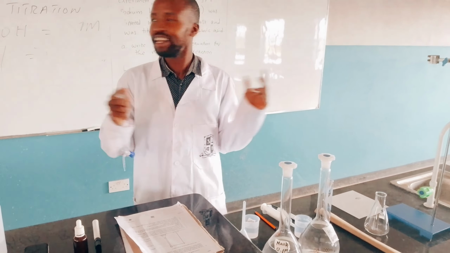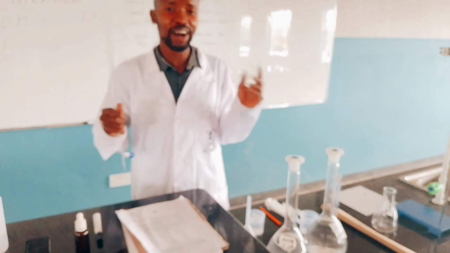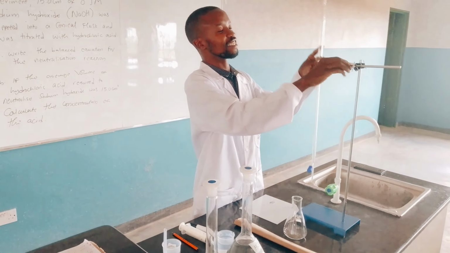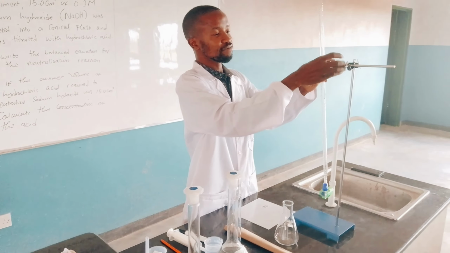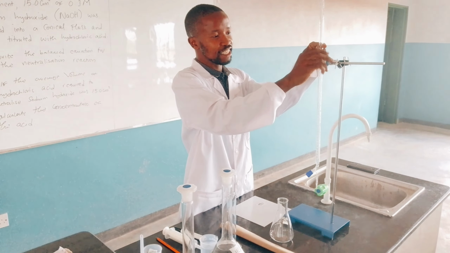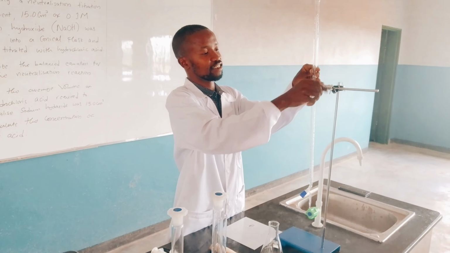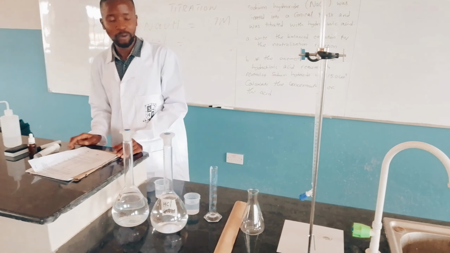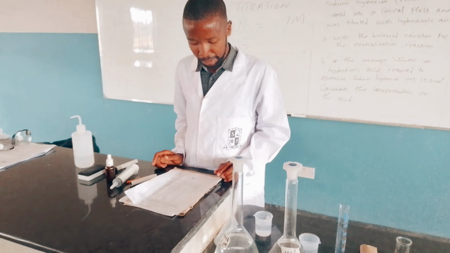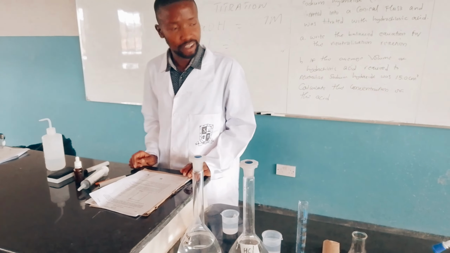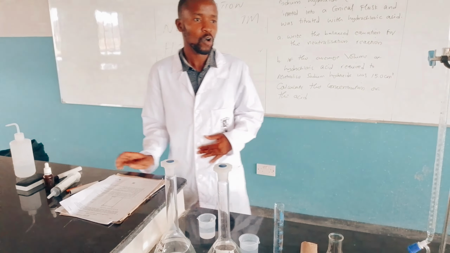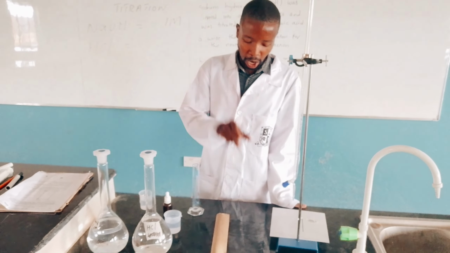So let's now go straight to the practice. Follow the procedure. Put 15 cubic centimeters of sodium hydroxide solution into the conical flask.